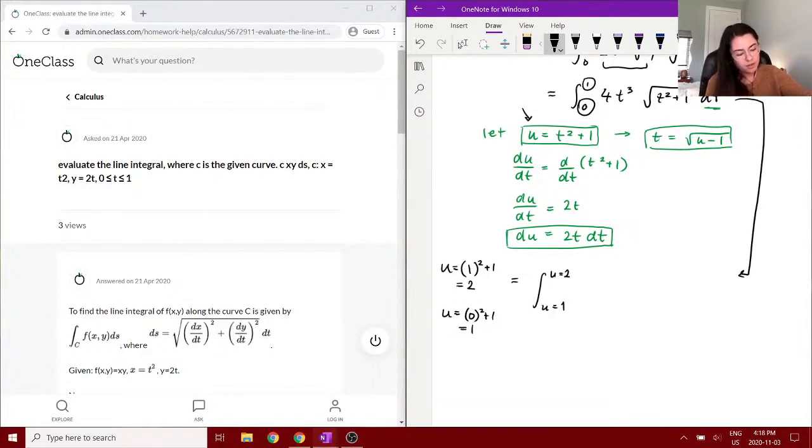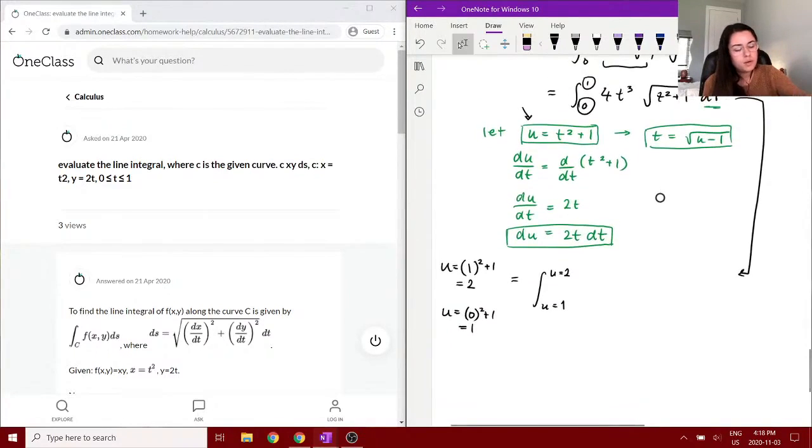So we've changed the bounds. Now we have to rearrange. I'm going to write it under here, just so that we can see it separated a little bit, because before we change it to u, we need to move things around. So we have 2t squared.